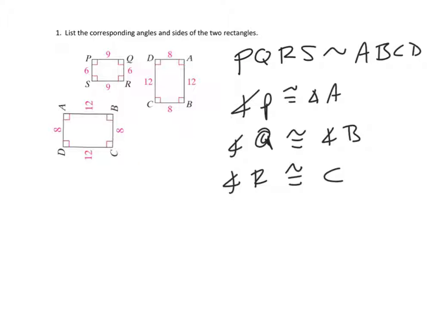PA, QB, RC. Finally, SD. So angle S is congruent with angle D. Whoops, I forgot angle marks on those. There we go. Alrighty, so that's the first part of it.